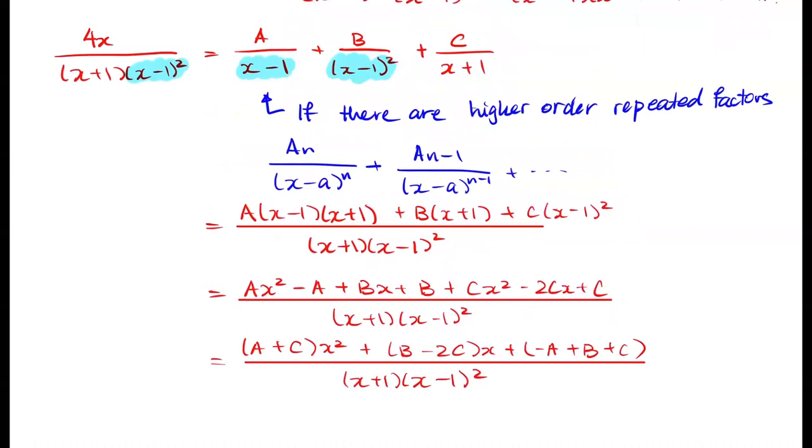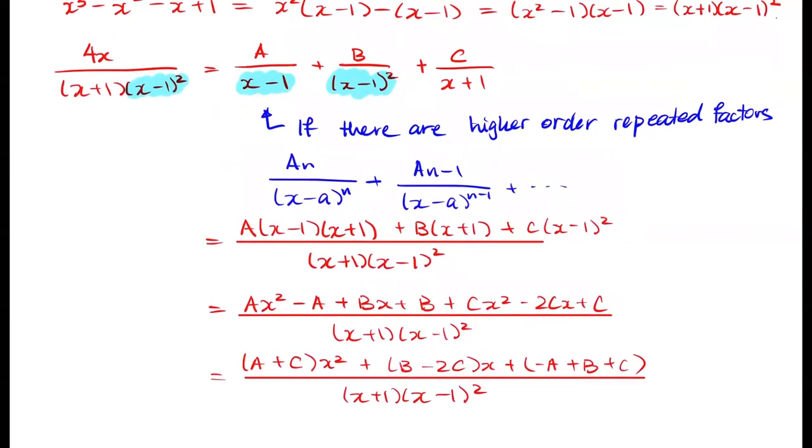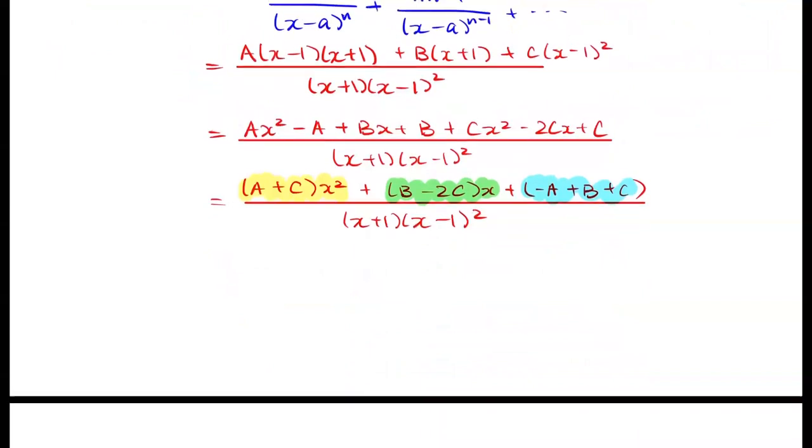So note that our polynomial here is also the same as saying 0x squared plus 4x plus 0. So if we compare them, we need to compare the 0x squared with this a plus c x squared. We compare the 4x with the b minus 2c x and the 0 with the negative a plus b plus c. So we once again compare the coefficients.